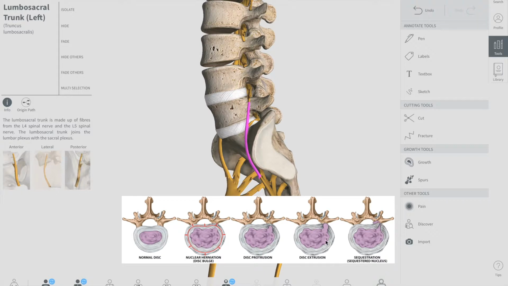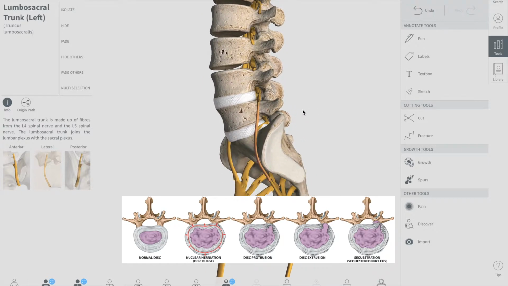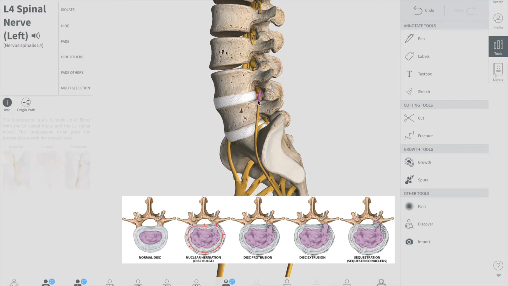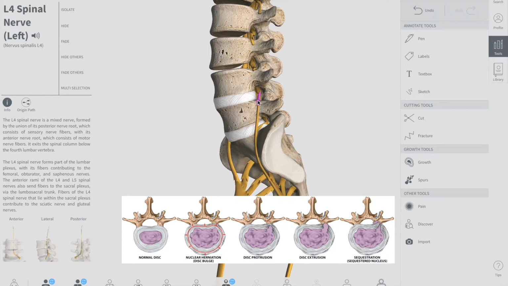The third type is a disc extrusion, where that jelly-like structure has already actually broken the wall, as you can see here. And in most cases, if it has broken through the wall, it most likely will now be sitting against that nerve. So if this extruded disc is sitting against the nerve, what most likely would be the additional symptom that this patient would present?